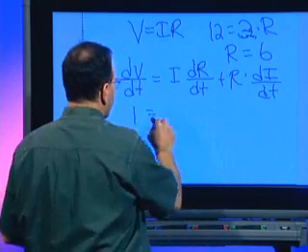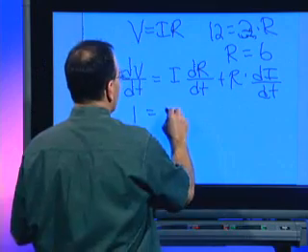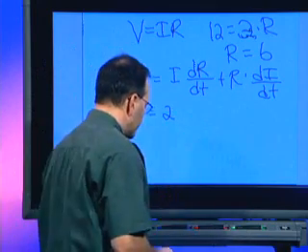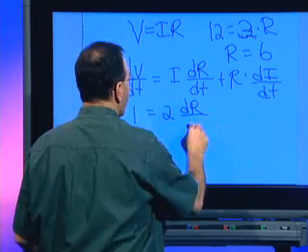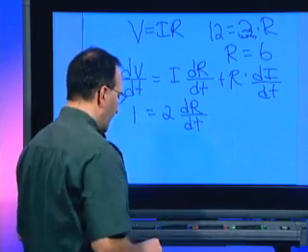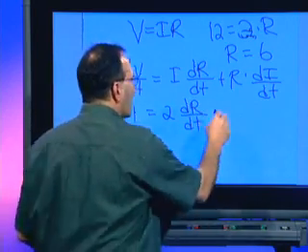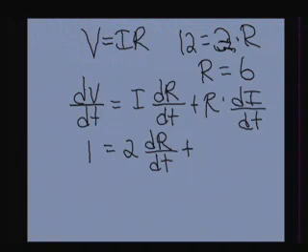And that equals I, which we were just told is 2. And we don't know dR/dt. That's what we're actually trying to find. Plus R, we just calculated as 6. And then multiply times the dI/dt, which we were told in the problem is -1/3.